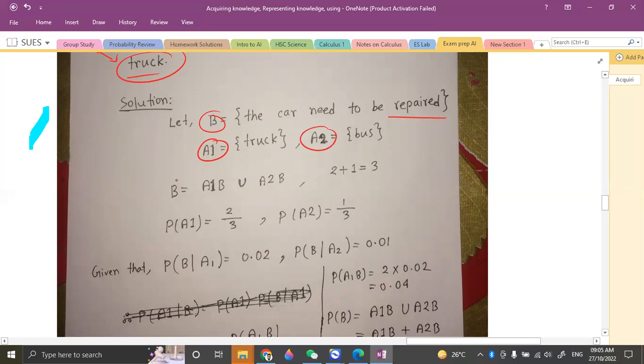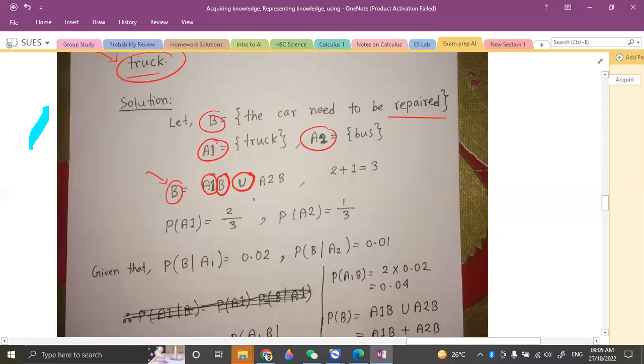So B means this car can either be a truck or bus, so we don't care, but it needs repair. So we just use the union sign because you have to add them together, right? So the first one, the probability that this is a truck, and then multiplied with the probability that this needs repair.